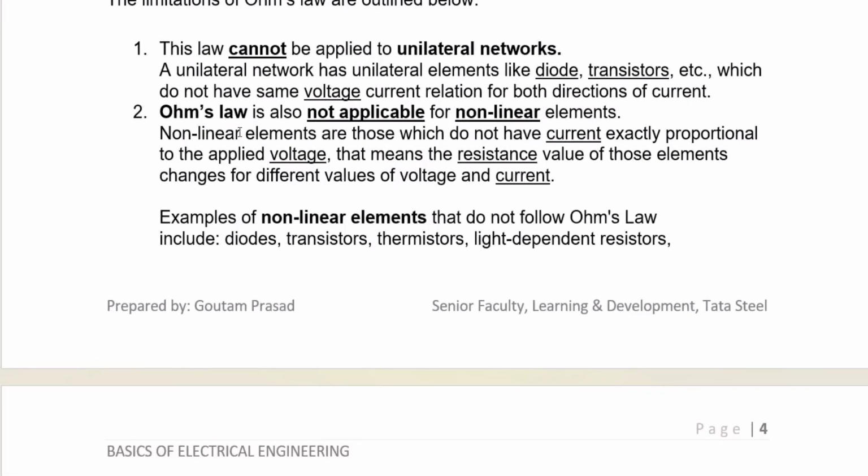The second point says Ohm's law is also not applicable for nonlinear elements. Nonlinear elements are those which do not have current exactly proportional to the applied voltage, and that means the resistance value of these elements differs for the different values of the voltage and current.